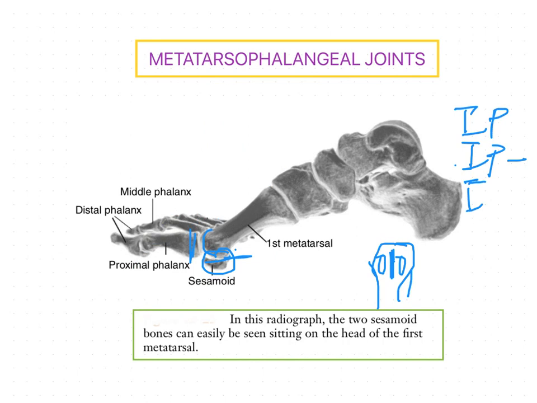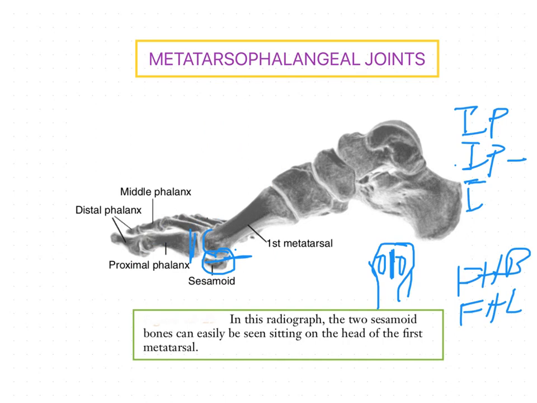The sesamoid bones serve as anatomical pulleys for the flexor hallucis brevis muscle and protect the tendon of the flexor hallucis longus muscle from weight bearing trauma. So the sesamoid bones act as a pulley for the flexor hallucis brevis tendon, as well as protecting the tendon of the flexor hallucis longus muscle from weight bearing trauma.